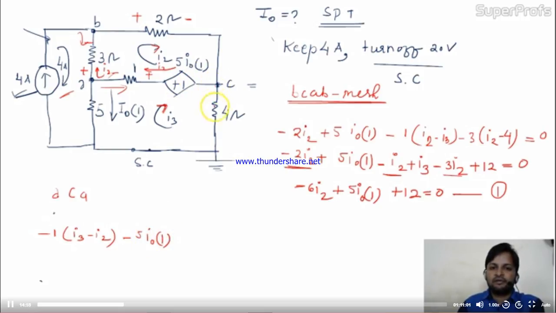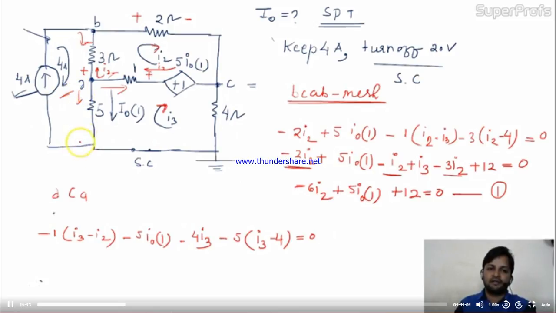Is it clear to you? Here I'm getting I3 minus 4I3 only. Again I'm coming here, I'm getting 5, so minus 5, and the current is I3 minus 4 equal to 0. Is it clear? 4 is coming from the upside, and from the downside I am having I3. So resultant is I3 minus 4 and multiply with 5.